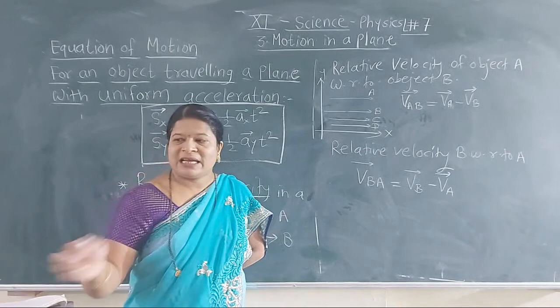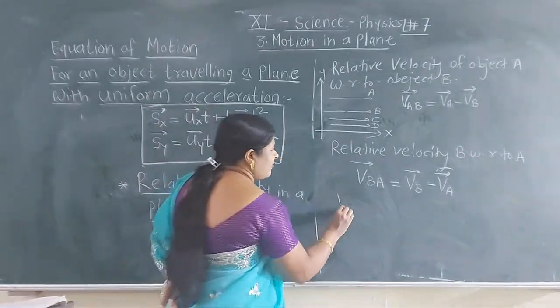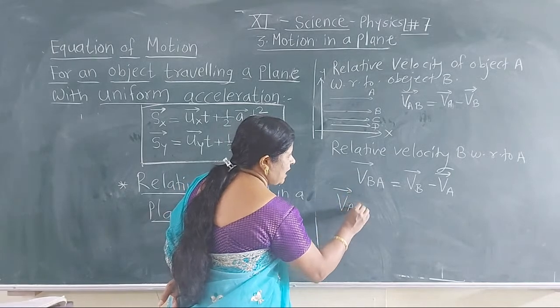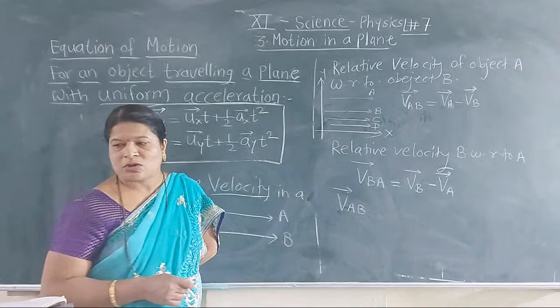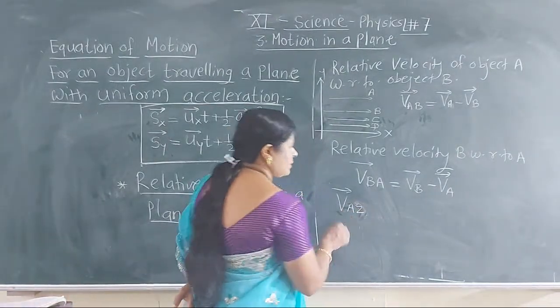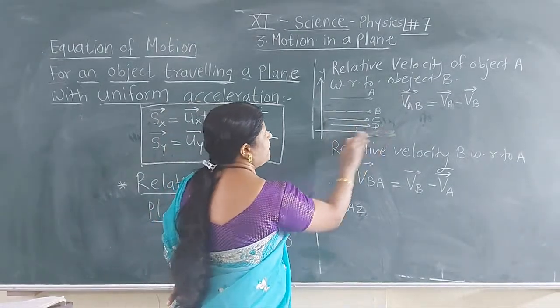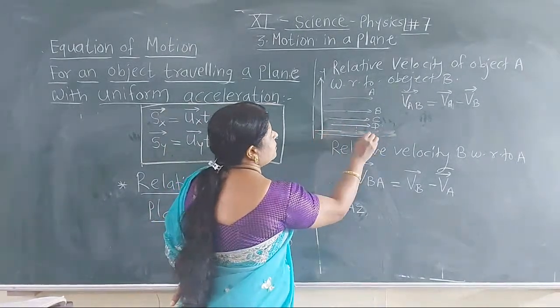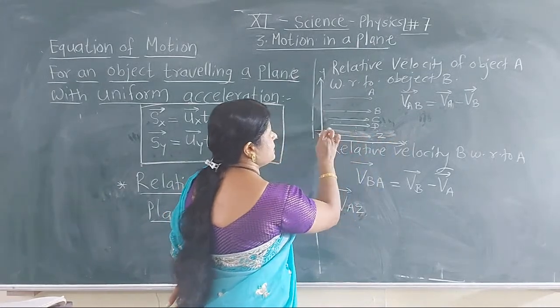Then their relative velocities we can write as relative velocity of vector A with respect to vector B, and relative velocity of vector A to vector Z. Now the objects go up to point Z, and this is the x-axis.